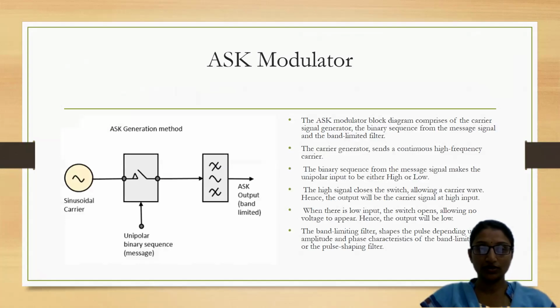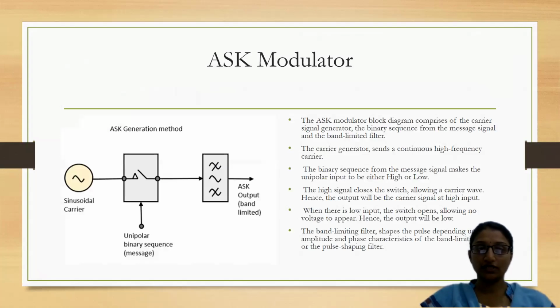For that, one of the inputs is given as a sinusoidal carrier and the other input is given as our message signal, which is a unipolar binary signal. And whenever the input binary 0 is transmitted, the switch will be open, and when binary 1 is transmitted, the switch will be closed and the carrier is transmitted to the other end. When the switch is open, there is no transmission of signal.